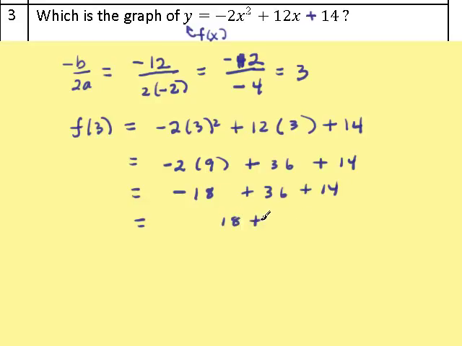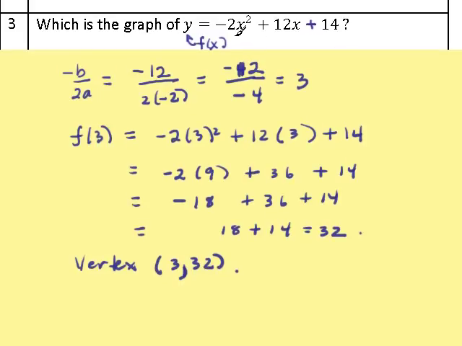That's 18 plus 14, or 32. So we found the vertex, and it's at (3, 32). We also should observe right away that since a, the coefficient of x squared, is less than 0, that means it faces down.